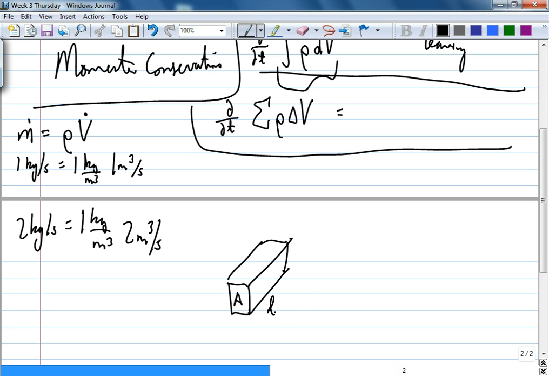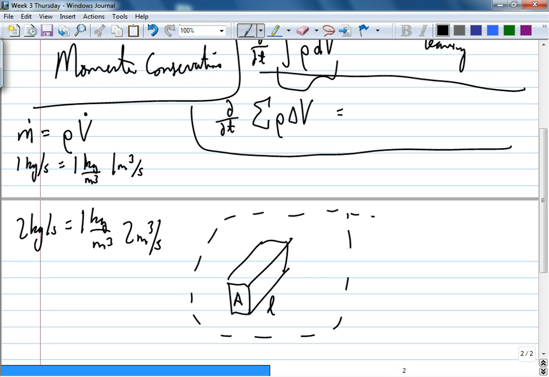So let's say for my control surface, this is the area that the thing is entering. The area A is constant.